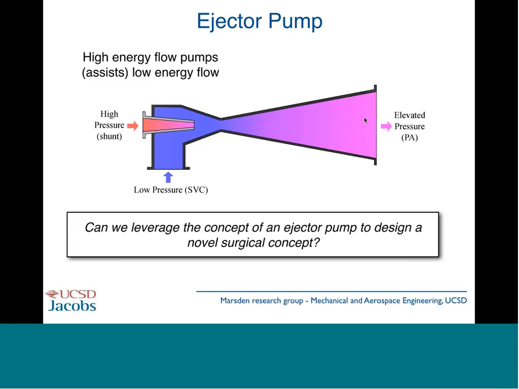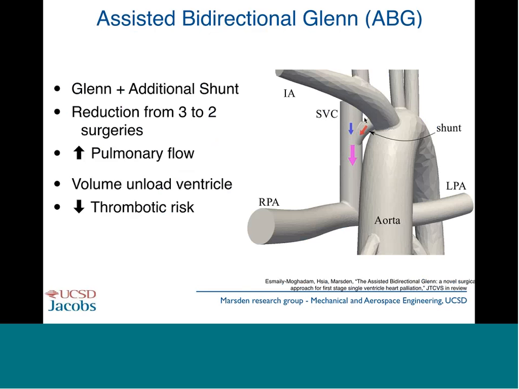And so we then asked the question, could we leverage this ejector pump concept to design a novel surgery for single ventricle stage 1 patients? And so we developed something called the assisted bidirectional Glenn. This is essentially doing the traditional Glenn surgery, but doing it earlier at the time of birth, but adding to that a second shunt that would use this ejector pump concept to drive flow in the pulmonary arteries.